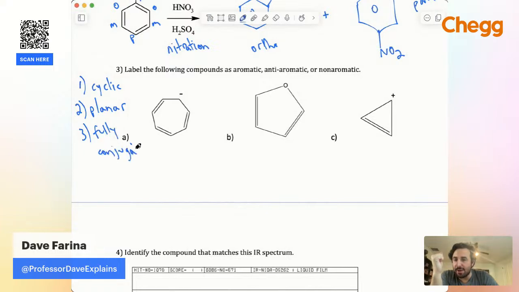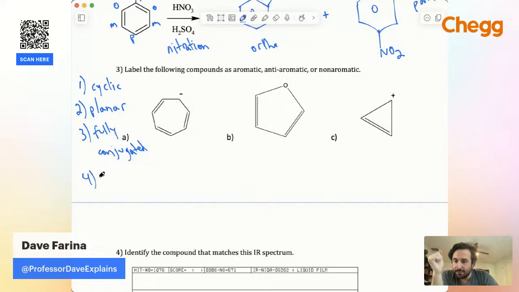So there has to be pi electron density that is delocalized around the entire ring. There cannot be any portion of the ring where the delocalized pi electron density does not go. And by pi electron density, we're talking about pi bonds, obviously, and we're talking about lone pairs. Lone pairs are also considered pi electrons. So it has to be fully conjugated. There cannot be a part of the ring where all of the electrons are localized.